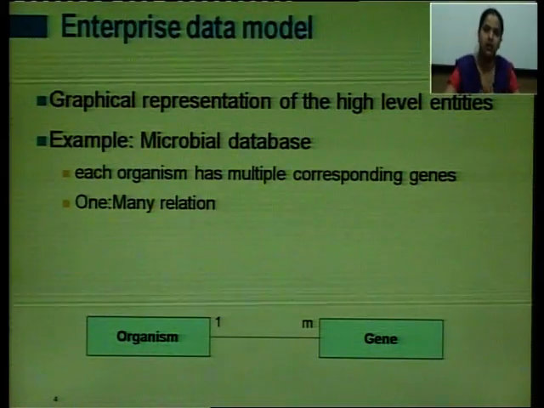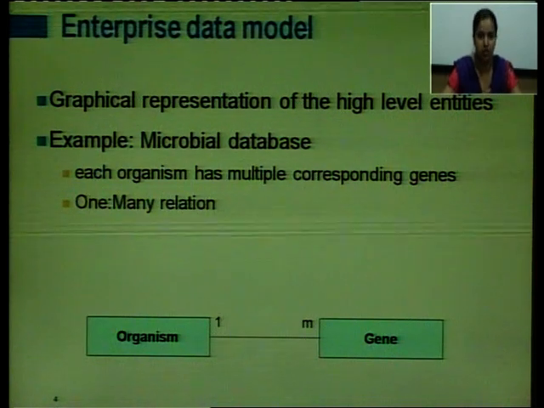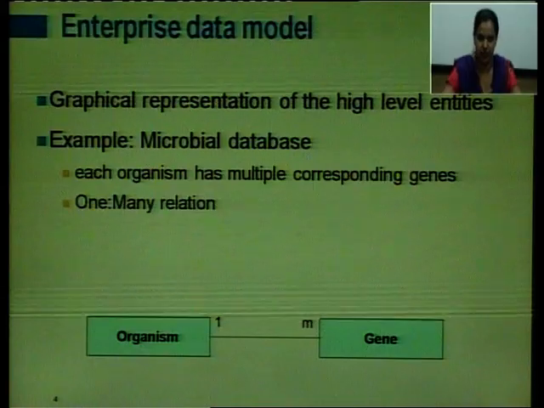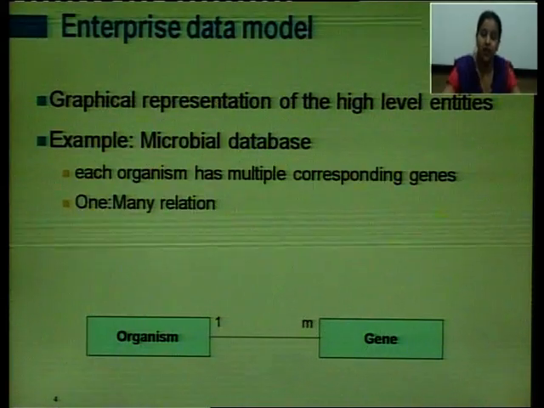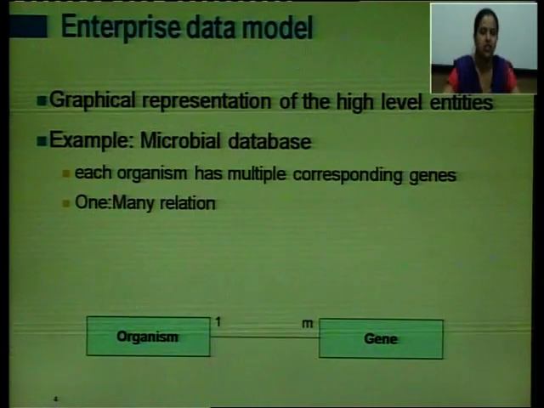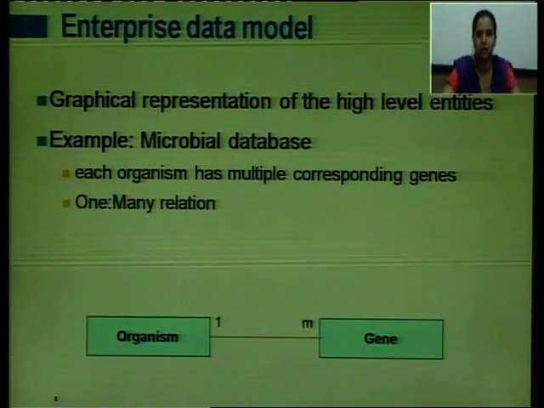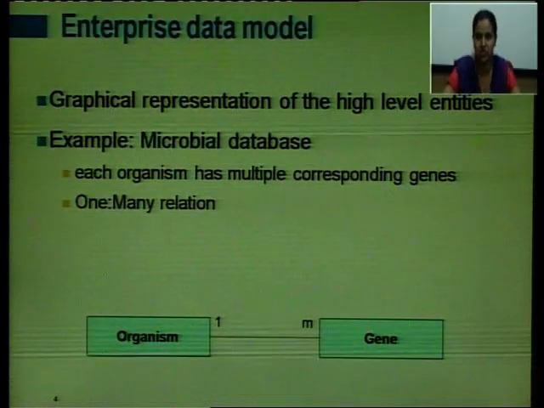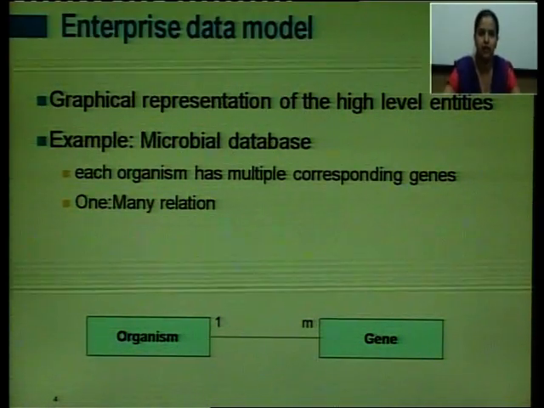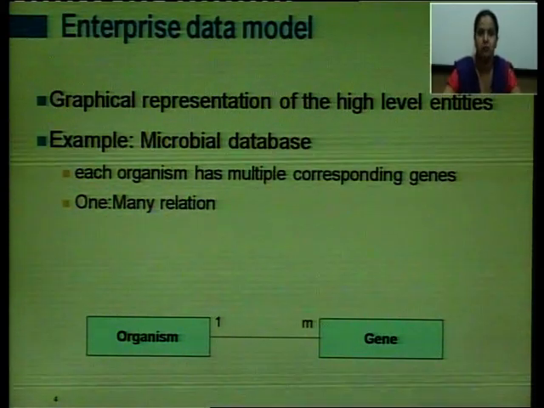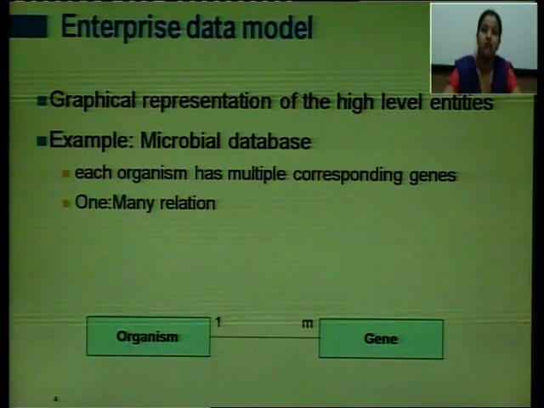For describing the data, we should have a model, so that this model describes the logical view of the data and the graphical representation of the high level entities. For example, take microbial databases. Each organism has multiple corresponding genes, so it is defined by a one to many relation, meaning every organism can relate to many genes.